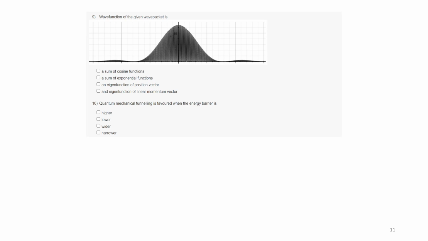If it is bulky, it won't be able to tunnel, so the mass should also be less. That is logical. Otherwise, the equation is very complicated.